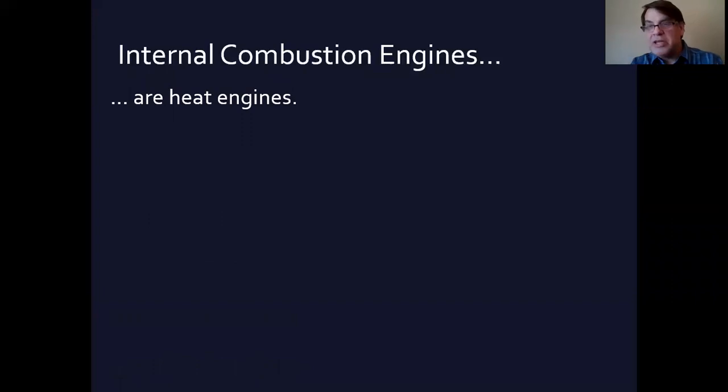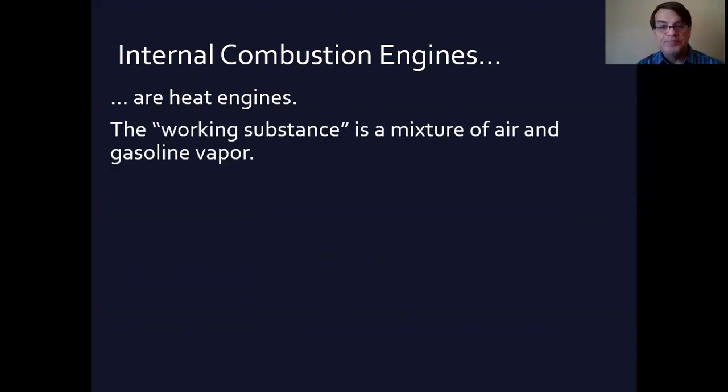The typical efficiency of a car engine is something like 36%. That means we're losing like 64% of the heat, which is not a very good ratio. But anyway, an internal combustion engine in a car is a heat engine that converts heat into work.